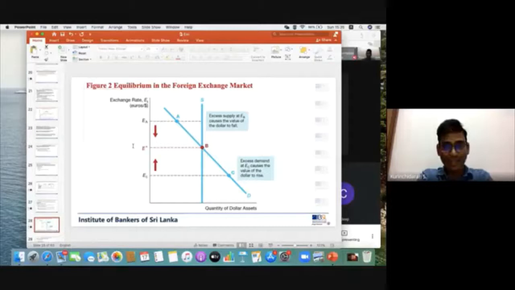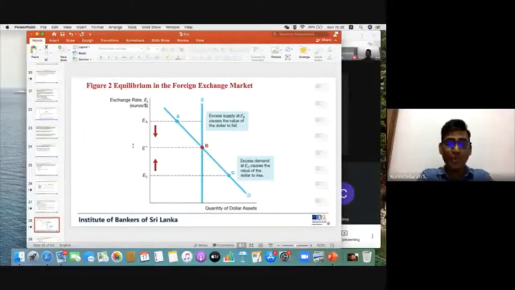So now you can see point A. At point A, if the exchange rate is E_A, what will happen? The value of the dollar will fall. Why? You have excess supply.